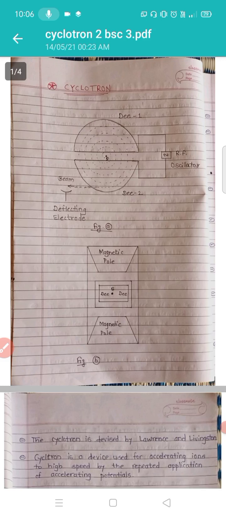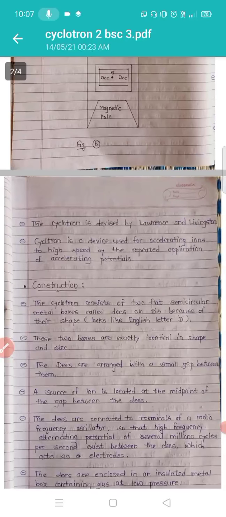As the particle moves from D2 to D1, the velocity increases and the particle makes a greater semicircle in the D. In this way, the particle moves in a circular path, and with each circle the velocity increases with the increase in radius.